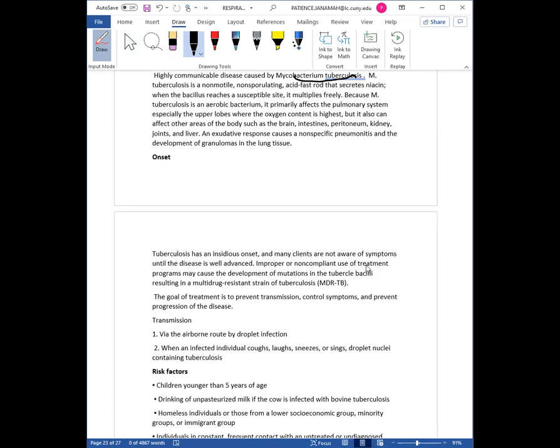That's the problem. Improper or non-compliant use of the treatment program may cause the development of mutation in the tubercle bacilli, resulting in a multi-drug resistant strain of tuberculosis. Just like we have MRSA, the multi-resistant strain for antibiotics, tuberculosis too has multi-drug resistance.